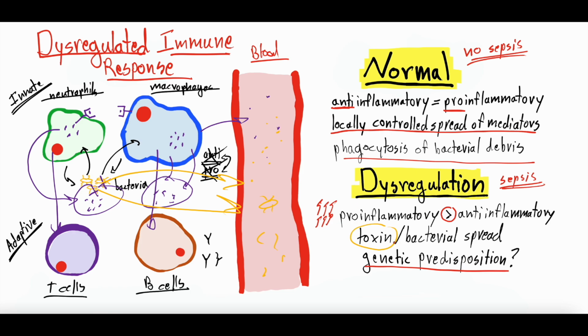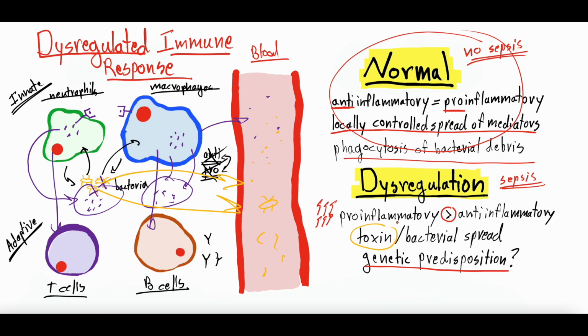So sepsis is when you have an infection, but instead of having this normal response where your anti-inflammatory mediators equal your pro-inflammatory mediators, you have some degree of local control over the spread of infection, and you're getting rid of the bacteria and bacterial debris, you start to get this dysregulation where your immune system goes into overdrive and runs wild, and the pro-inflammatory molecules signal much more than the anti-inflammatory, which then recruits more immune cells, causing more inflammation, and you can see how that spiral starts to develop.